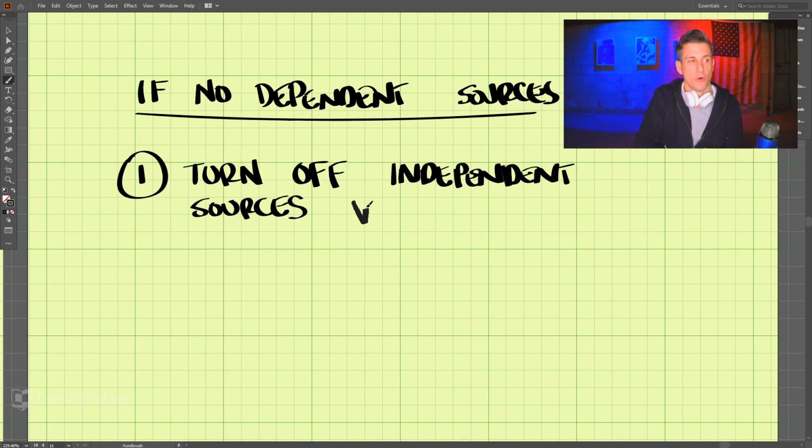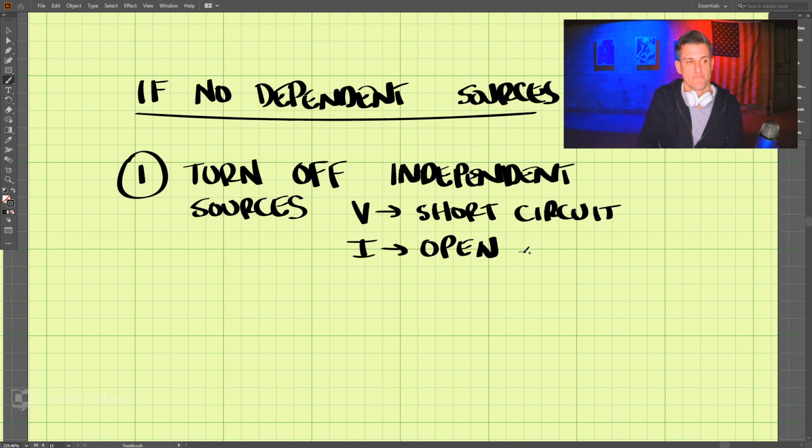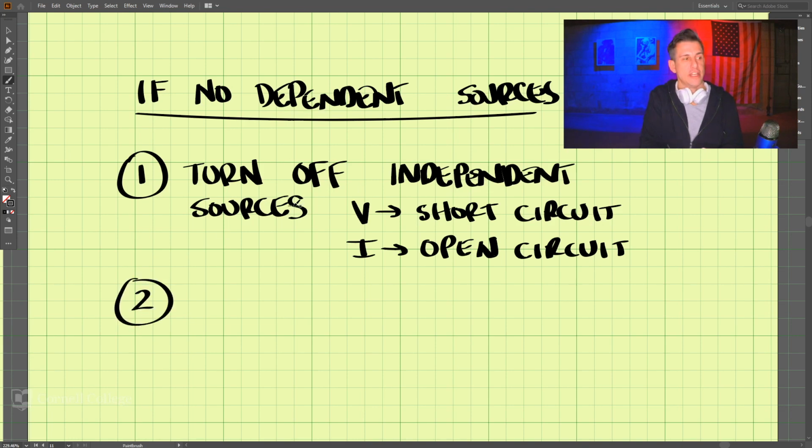That means voltage sources become short circuits, and current sources become open circuits. After we turn off independent sources, step two, we find the equivalent resistance of the circuit, Req.